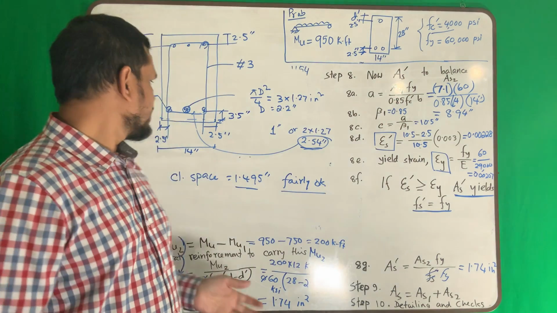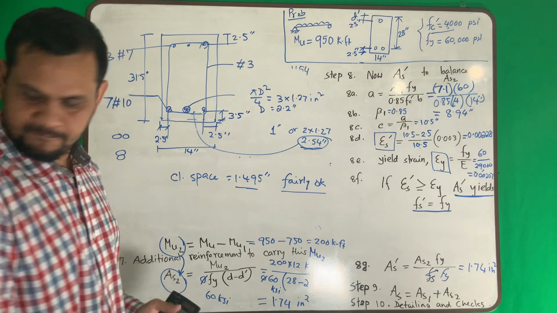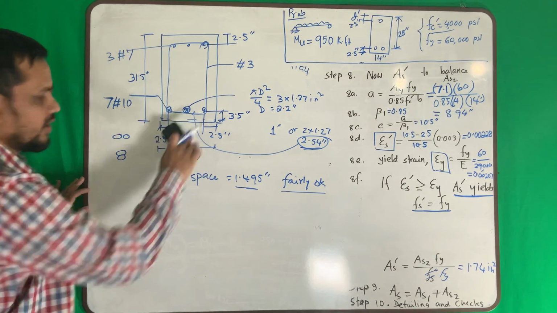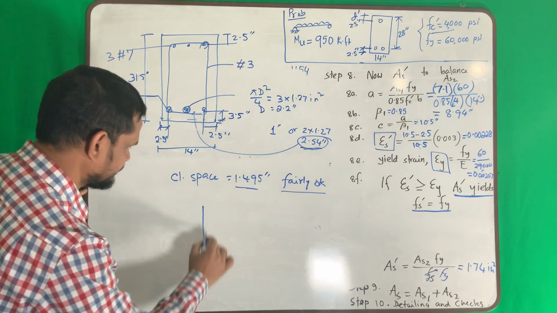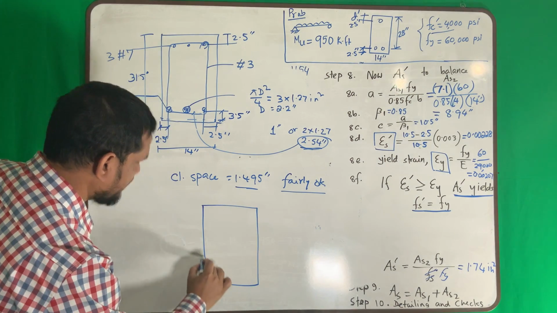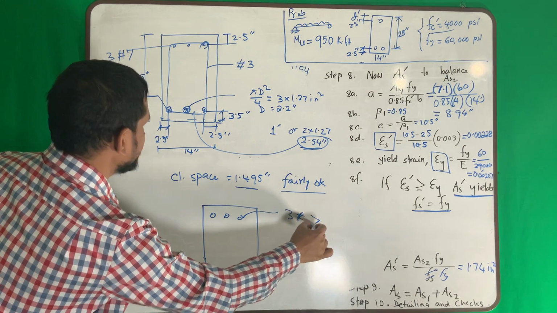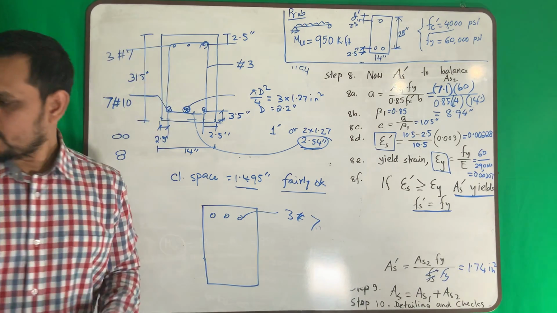Because the problem did not clarify one thing. Other option can be, if you do not like this option, what I will do, 1, 2, 3, number 7 bar. Here what will I provide?